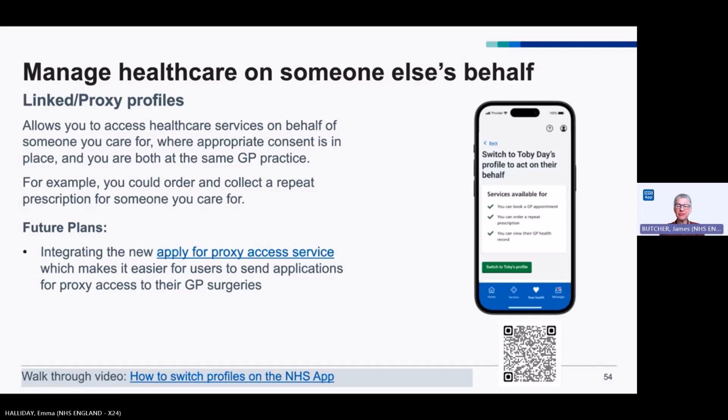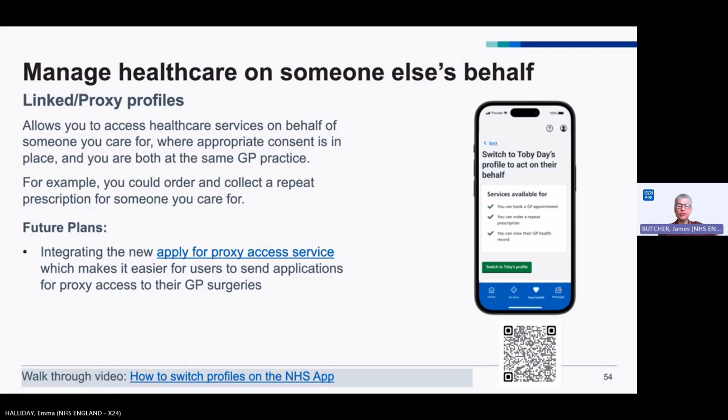Patients are able to get access to their child if they are under 11 years of age. Once a child turns 11, the system will cut off access automatically, and then consent will have to be given. We sometimes refer to this, and I'm sure you will all know, as the GP doing a Gillick competency test.